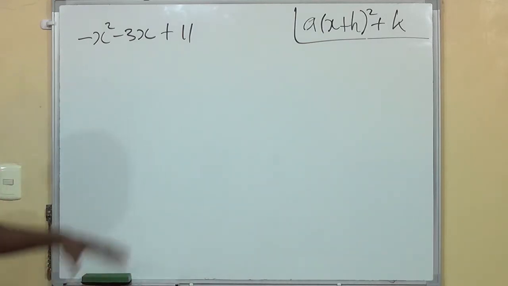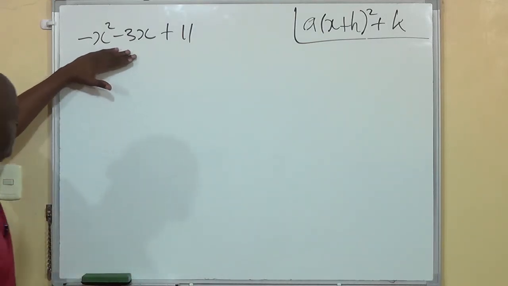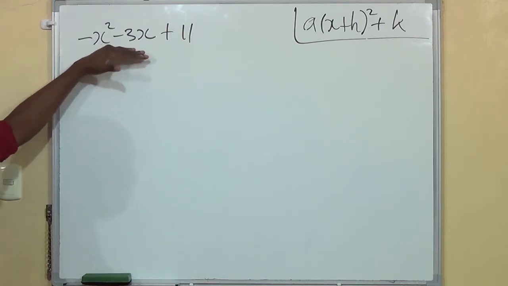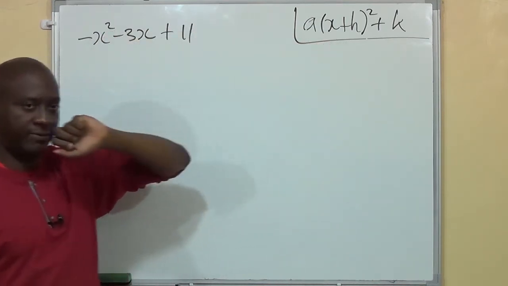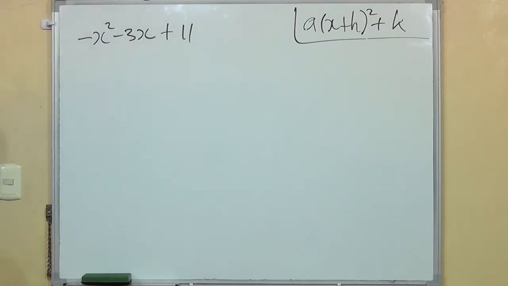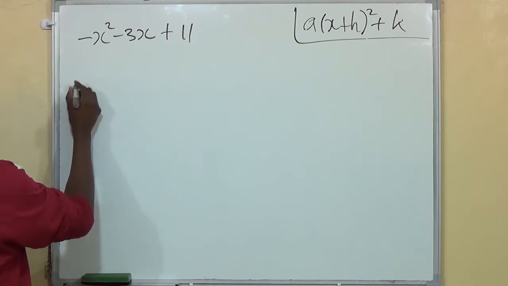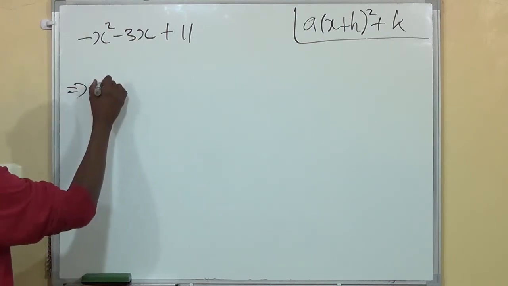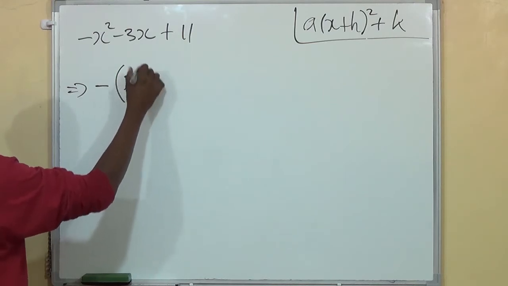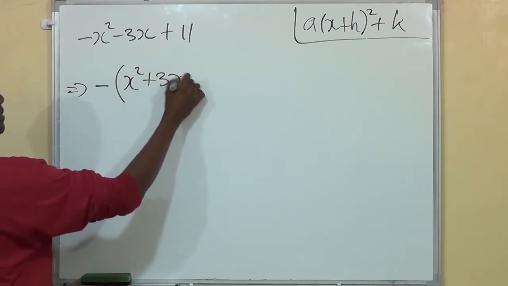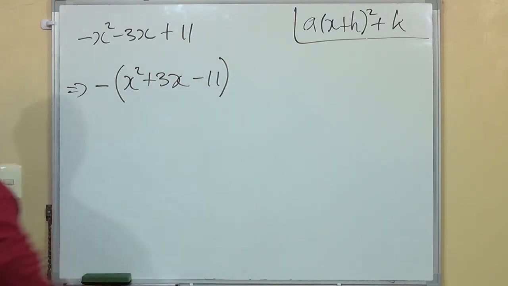Again, we want to take this expression in the standard form and express it in the vertex form. Just as we did prior, we factorize by taking the minus 1 out. So you have minus 1 by x squared plus 3x minus 11.